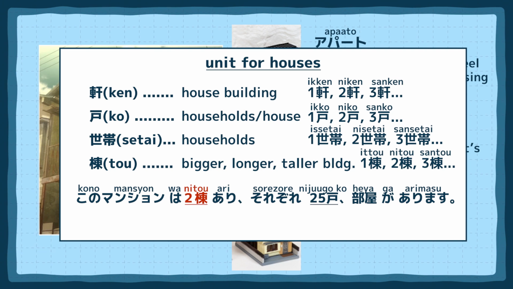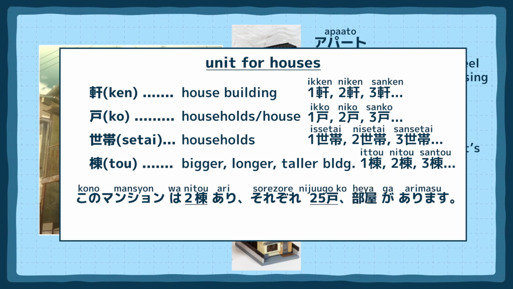2棟, 2 buildings. あり, the original form ある, exist or have. それぞれ, each. 25個, 25 houses. 部屋 means room, but here more like house.